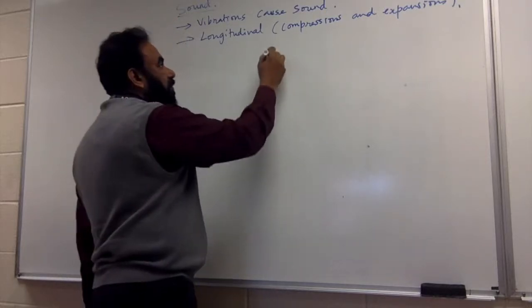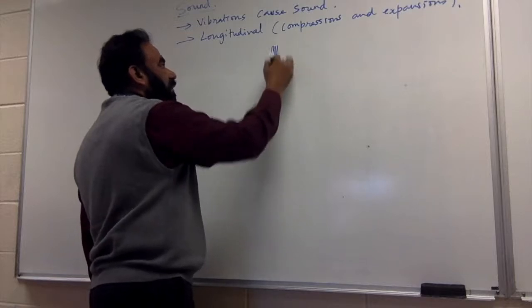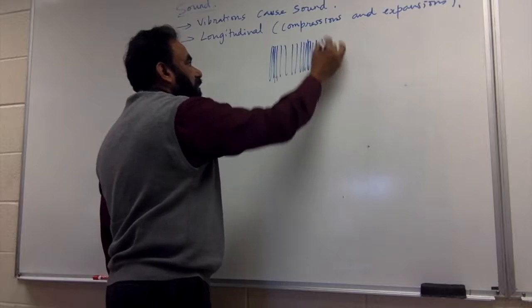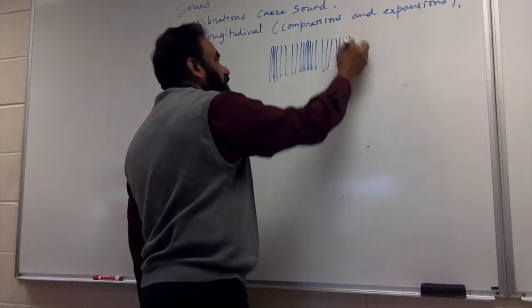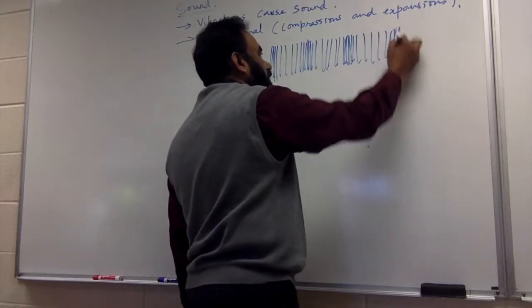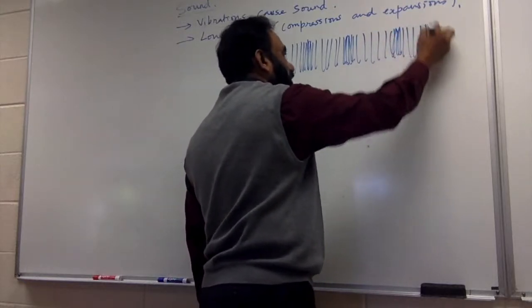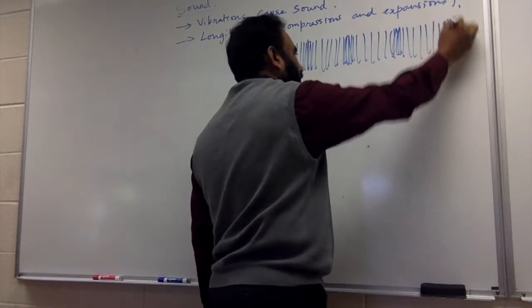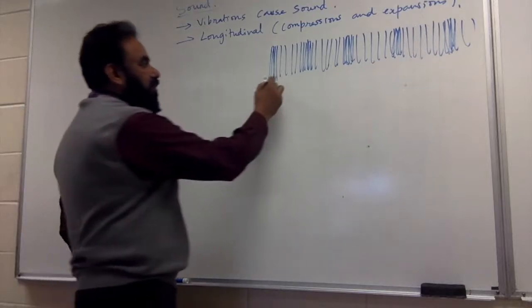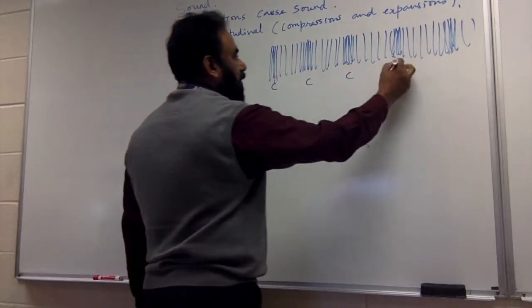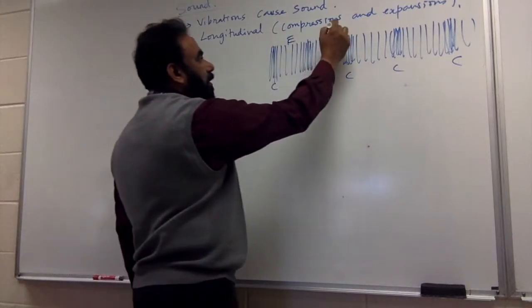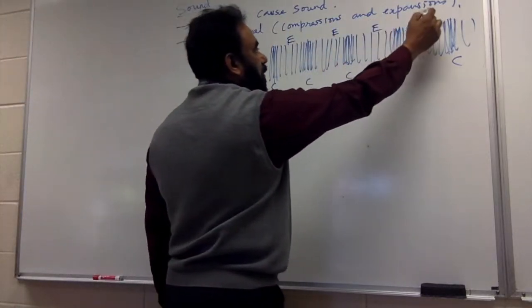The particles get compressed and then expand, then compressed and then expand, again and again. That is how compressions and expansions go. So here is compression, compression, compression. And these are expansions, expansions, expansions.